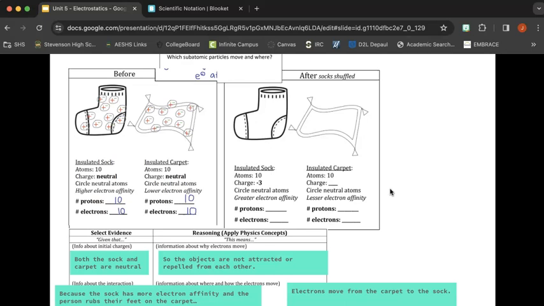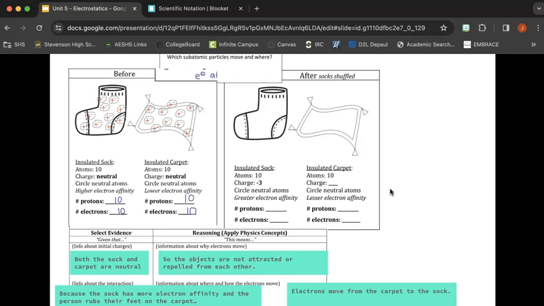So higher electron affinity, in everyday life, we would say something like, Miss Ruda has an affinity for science. It means that I like science, I'm pretty good at science. Like, if you have an affinity, it means you have this natural liking for that thing.